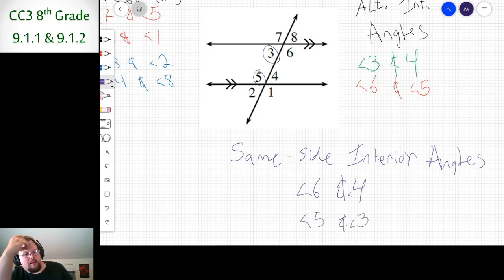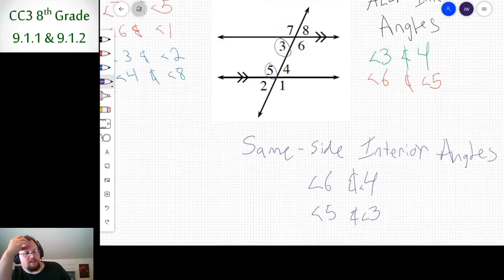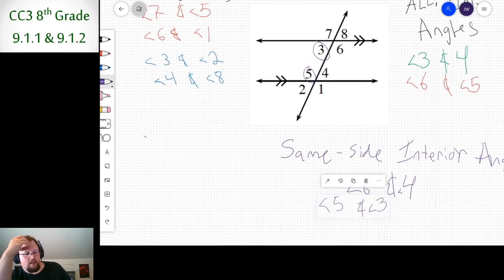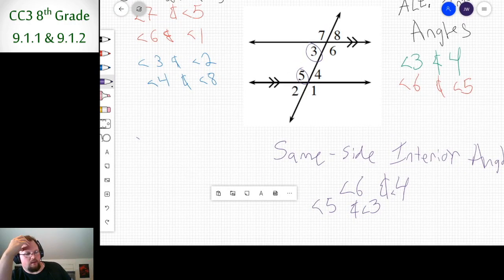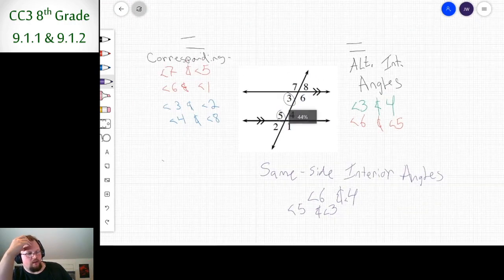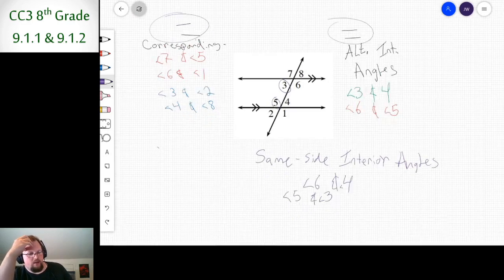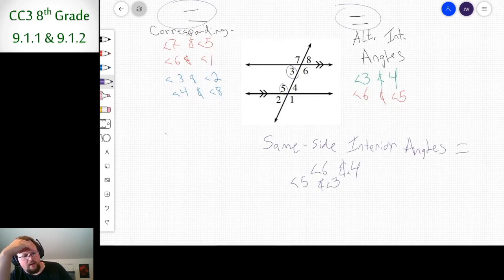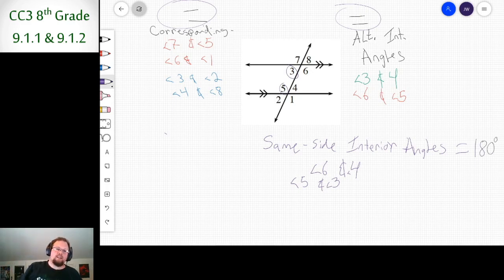Now, think back to the thing I said at the very beginning of this process. Angles in this case will usually either equal each other, like they do in the corresponding and alternate interior angles. And the other thing that happens is the same side interior angles could equal 180 degrees. And indeed they do, because any time that you match up two of those, you make a line.